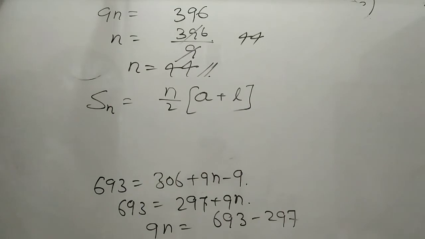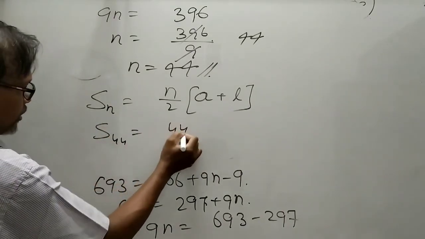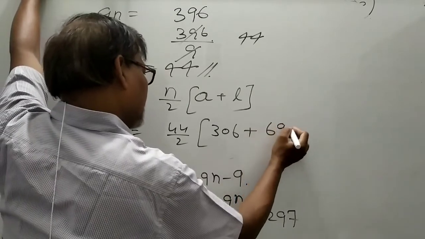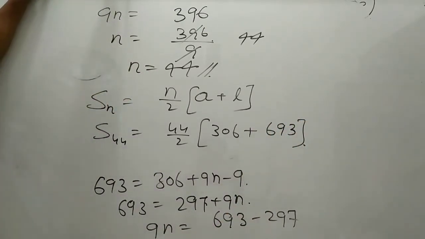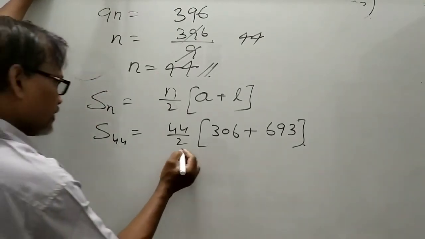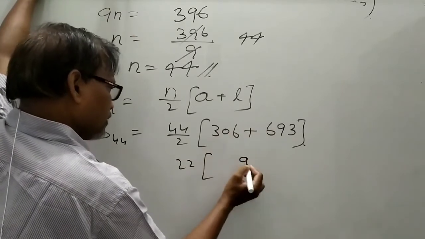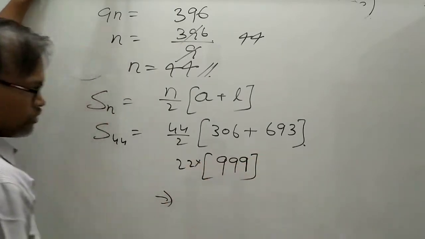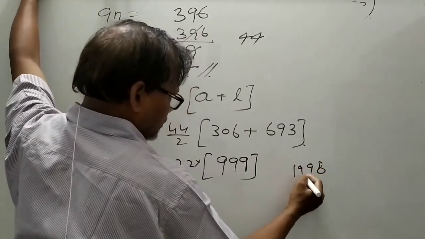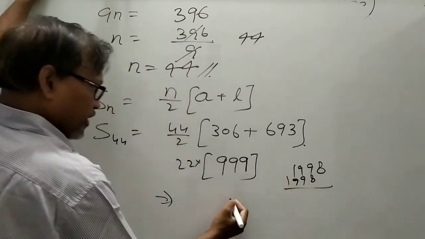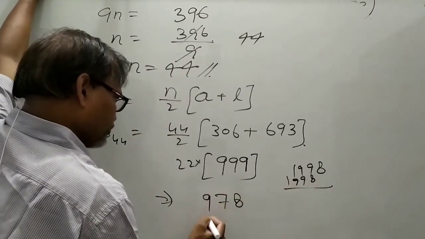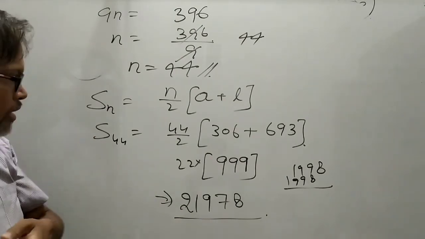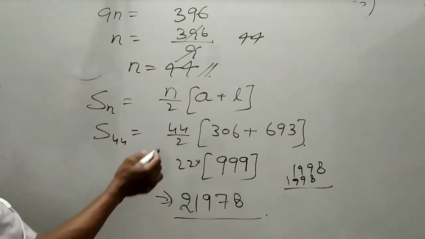Why? Because l is known and a is known. So S equals 44 by 2, a means 306 plus 693, that is 999, then 22, and then multiply these two and you will get the answer: 21978 is the value of the sum of the terms up to 44 terms.